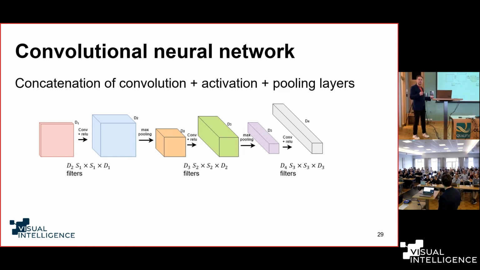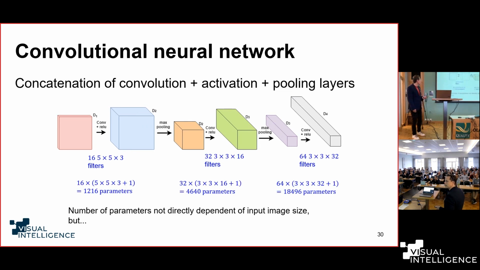Okay, we apply new filters. And you have, let's say, D3 of these, and we have a bigger one here. We do a new max pooling here, and then we reduce the size. And we have a new filter, D4 of these filters, larger and larger, and also larger and larger. It doesn't have to be, but that's the case. So this is the CNN. And of course, you have this nonlinear activation function at this layer as well.